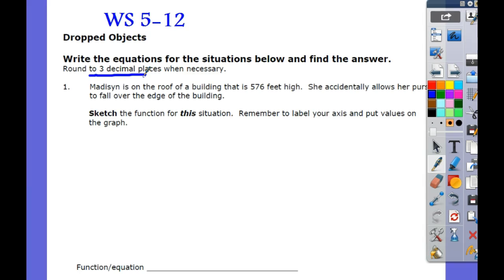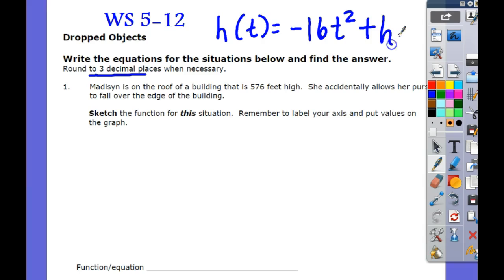And if she drops her purse, it's going to fall to the ground. And on this paper, go ahead and write this at the top of this paper because this is the equation that we're going to use on all problems that are dropped.